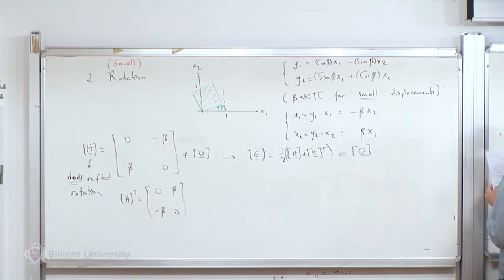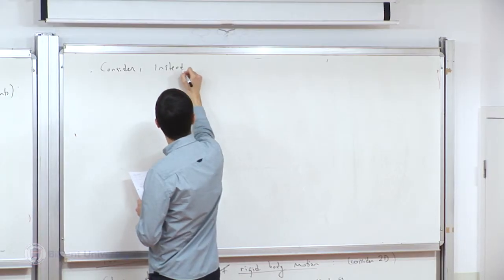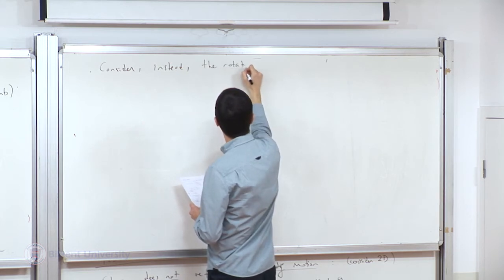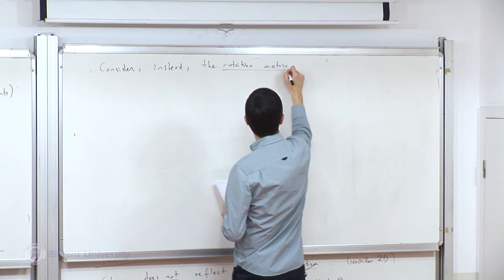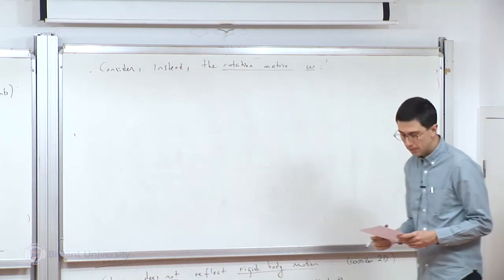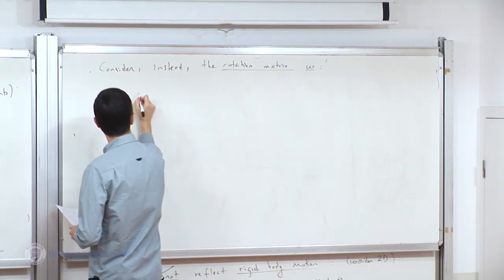So let's go ahead and define a new quantity, which we're going to call the rotation matrix. I'm going to call that omega. And omega is very much like strain.